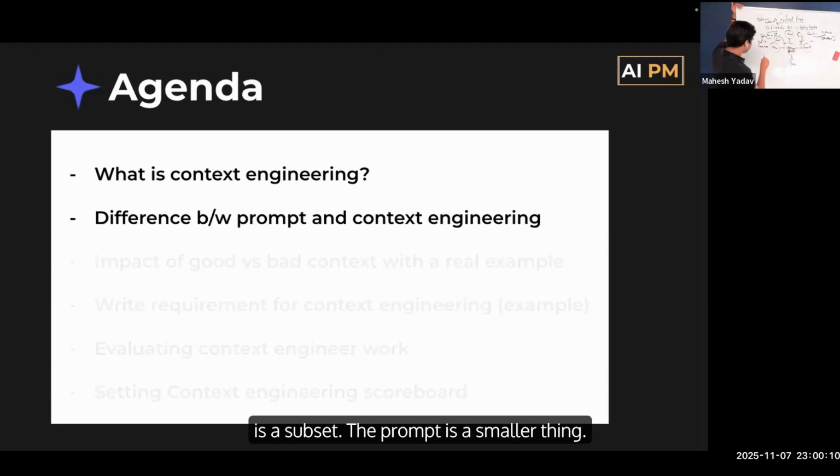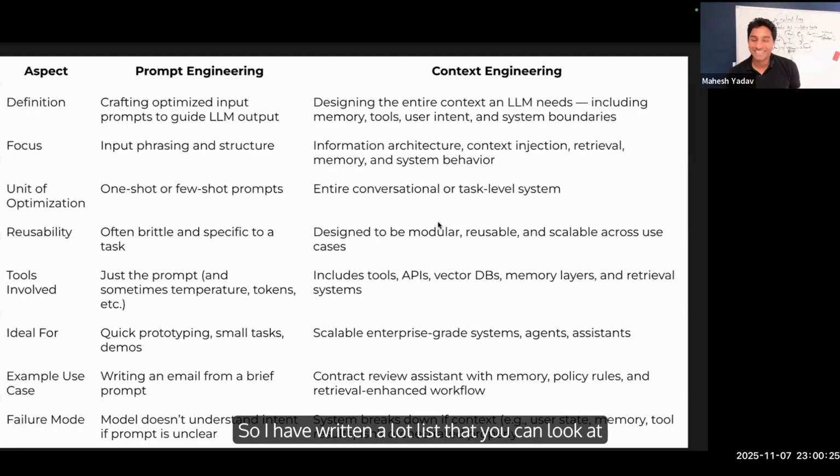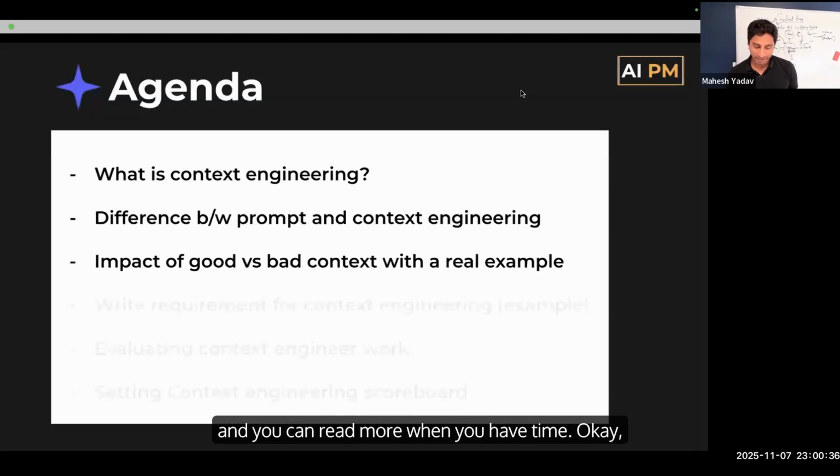So prompt is a subset. Prompt is a smaller thing, context is a larger thing. I have written a list that you can look at and read through. The idea is that prompt engineering is part of context engineering. That's all I want you to take away, and you can read more when you have time.